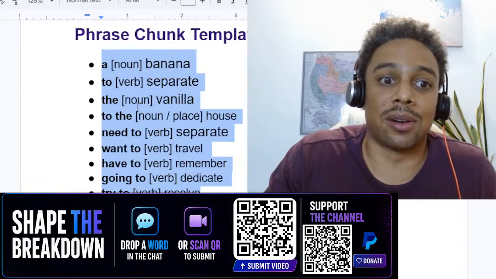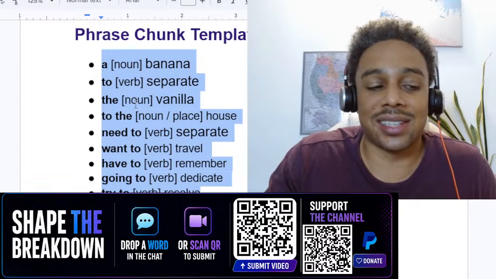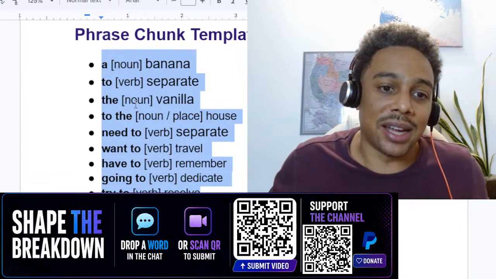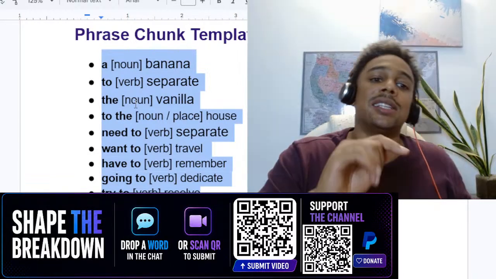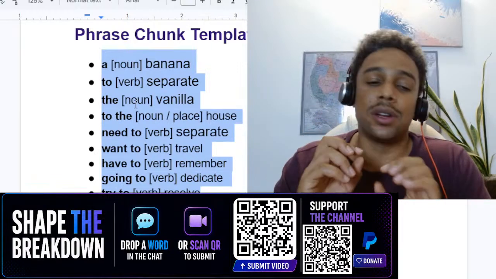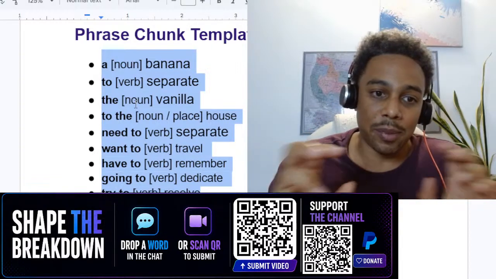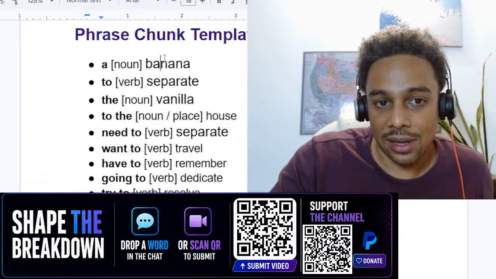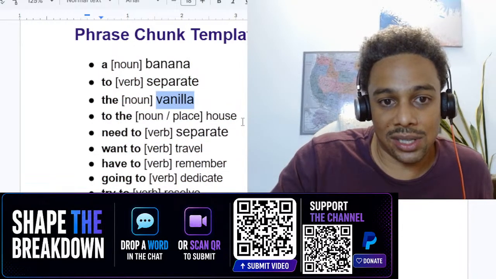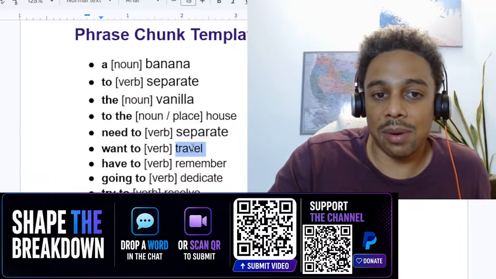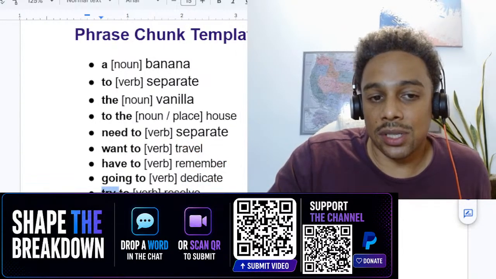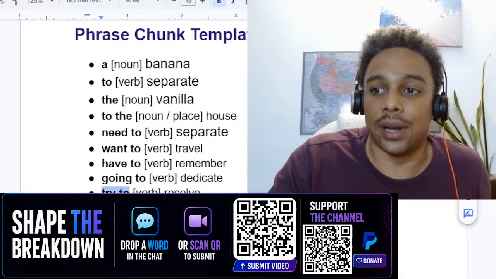You can memorize all the grammar, and if you can't say it in a way people understand, then you might as well be a beginner anyways. So just focus on these key phrase chunks that you can use all the time in so many different situations, right? And then if you don't pronounce these content words perfectly, okay, but it's going to be a lot easier for the person to understand if you start out in a way that's familiar.